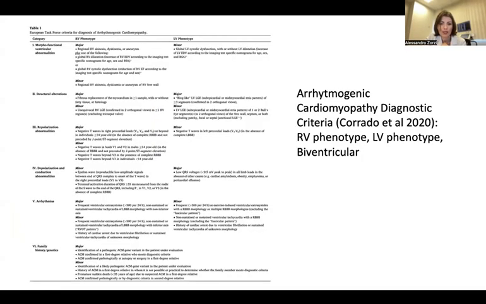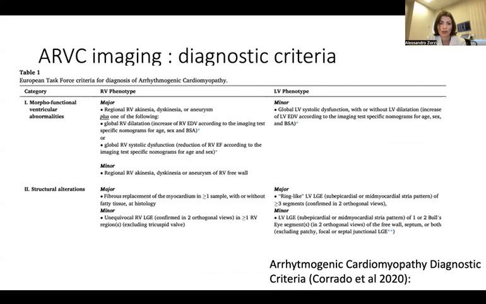So here you have the well-known arrhythmogenic cardiomyopathy diagnostic criteria written by Corrado in 2020, and here you can see criteria of RV phenotype, the one we will treat today, and LV phenotype and biventricular.